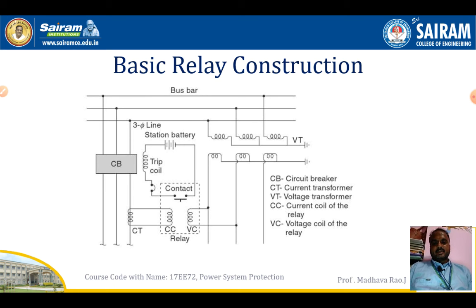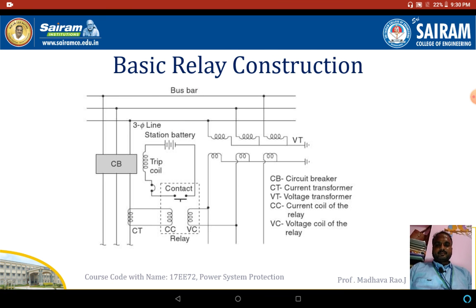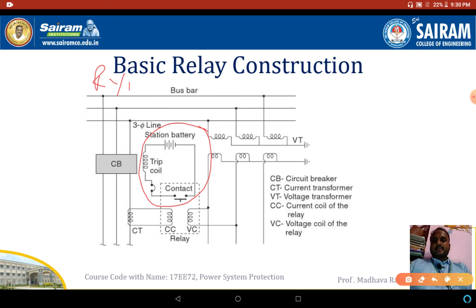Relay consists of tripping coil, contact and station battery. So here we can see the relay. This is very important. This part is the relay. These are R, Y, B lines, 3-phase lines. The bus bar is connected.